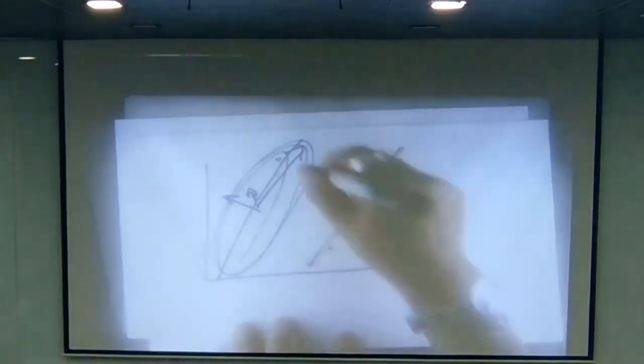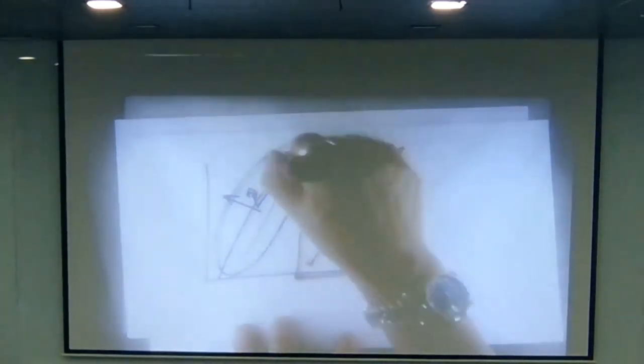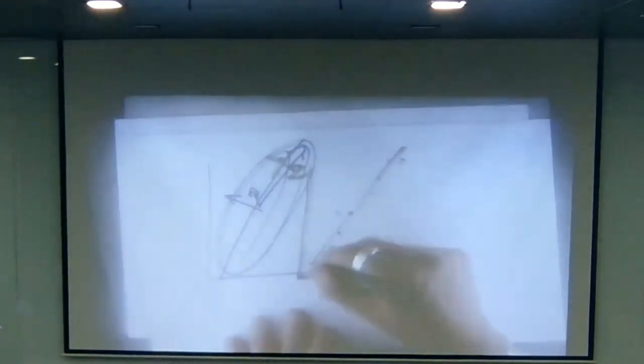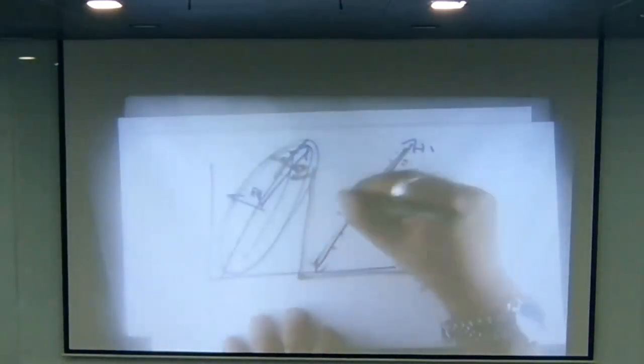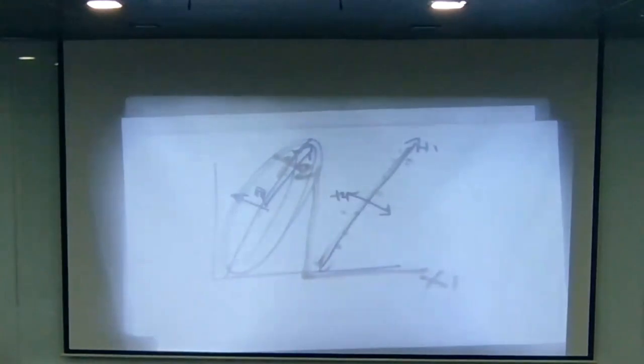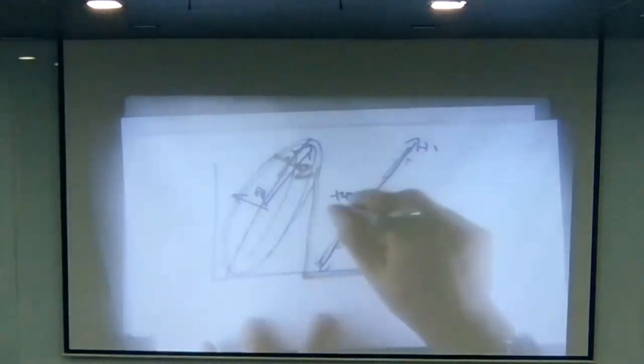So this is x1, this is x2. Instead of getting x1, x2, I'm going to get new dimensions called y1 and y2. That's what's going to happen.